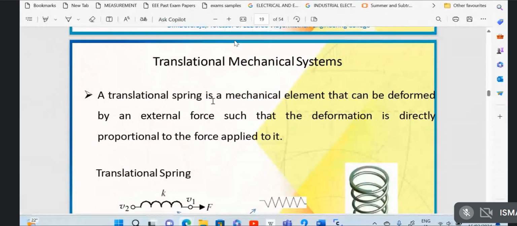So a translational spring is a mechanical element that can be deformed by external force, so that the deformation is directly proportional to the force applied to it.